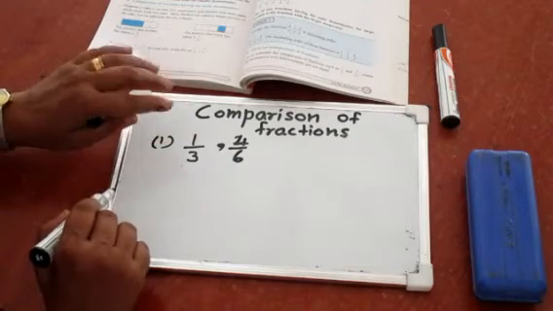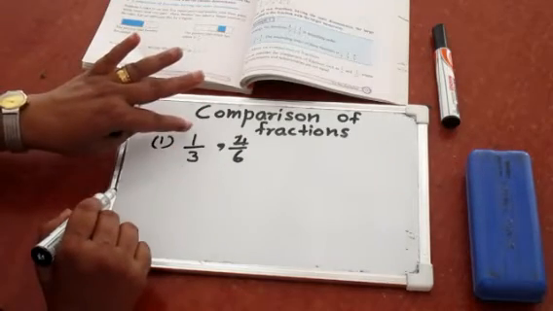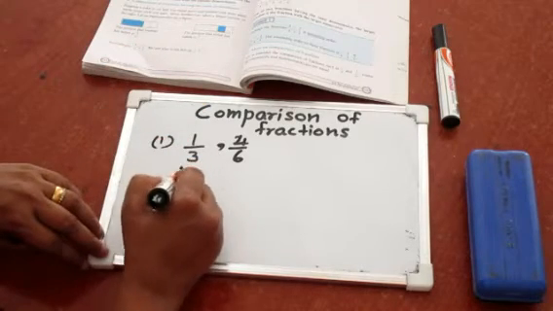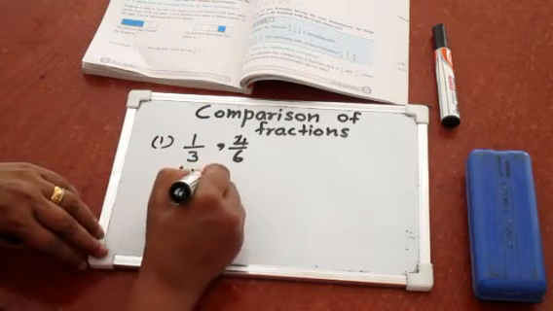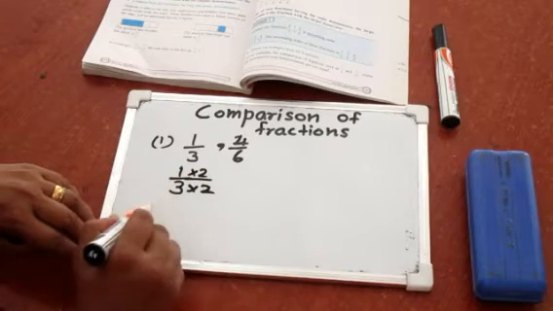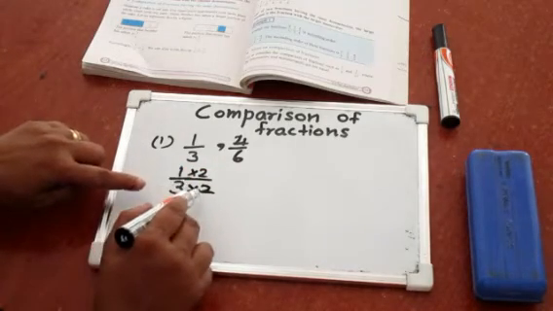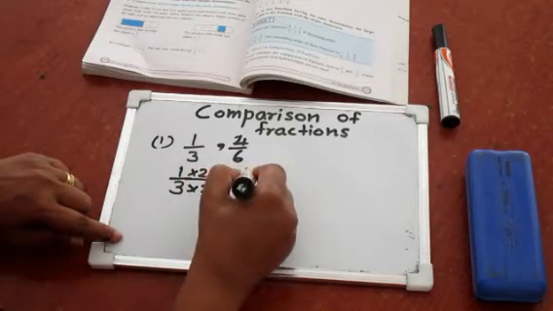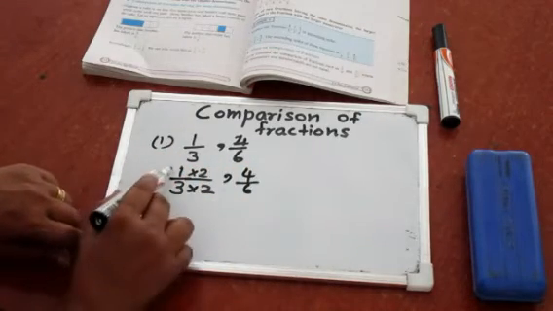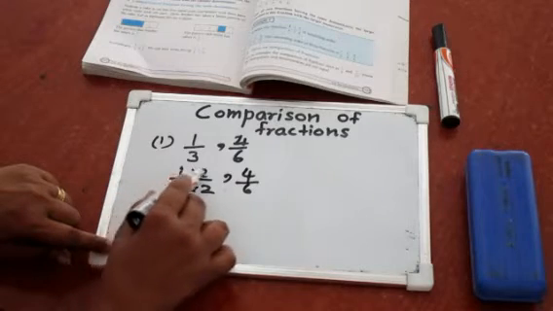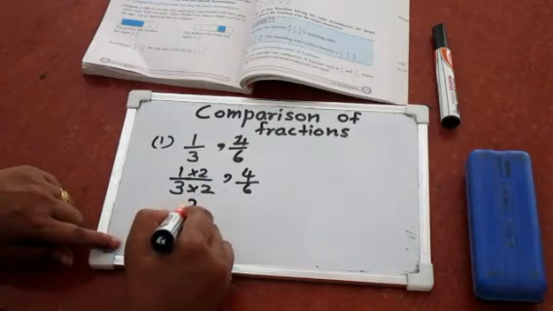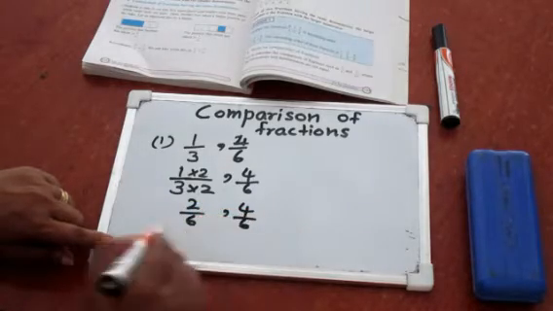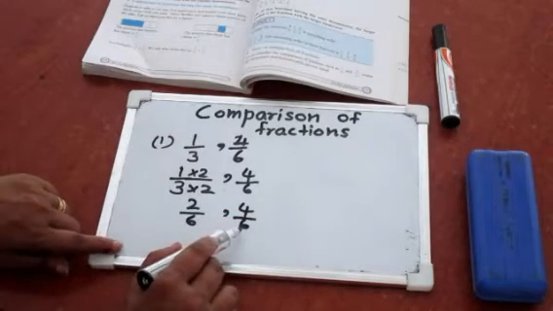We can form equivalent fractions. Multiply both numerator and denominator of this fraction by 2. Then 1 over 3 multiplied by 2. We multiply by 2 to make 6 the denominator here. Now the new numerator is 2, so we get 2 over 6. Here 4 over 6. Now we obtain fractions with the same denominator.